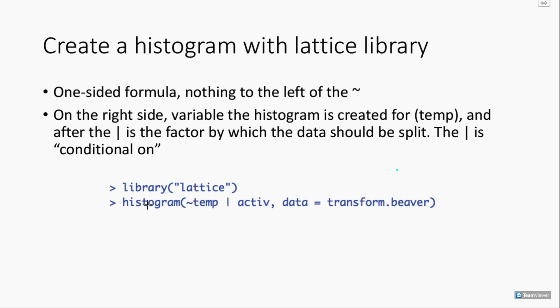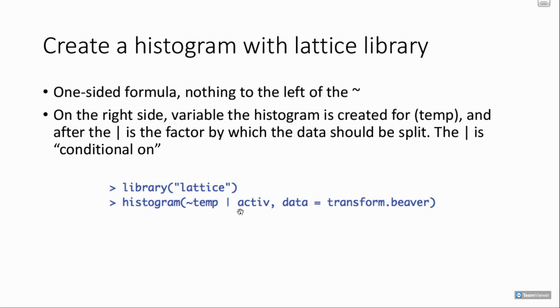The usual plotting function in R is hist, but this is the lattice package. The lattice package has a function called histogram, the full name spelled out, for creating histograms. On the left hand side, you don't have anything, it's empty, while on the right hand side of this tilde, you have the temperature of beavers.